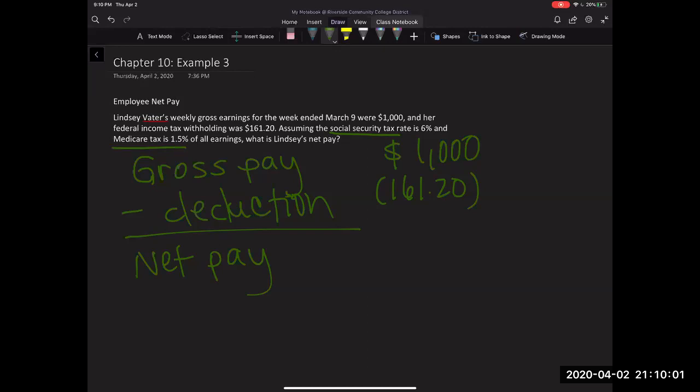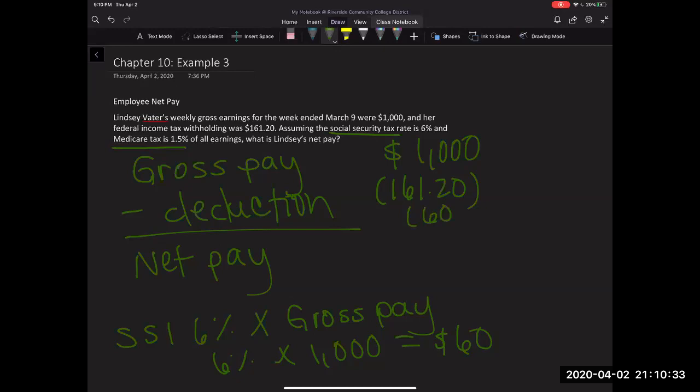Our Social Security tax rate is 6%, multiplied times our gross pay. So we're going to do 6% times our gross pay of $1,000, and that should come out to $60. Check your math, make sure you do it. That is also a deduction, so I'm going to put that $60 here.